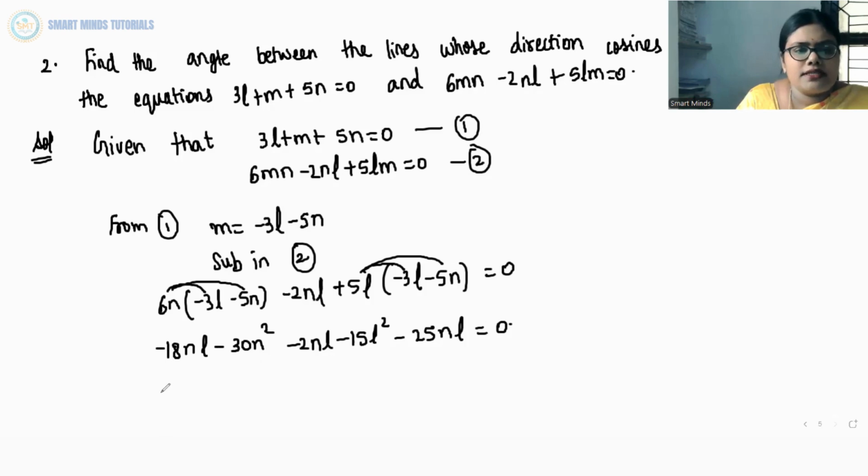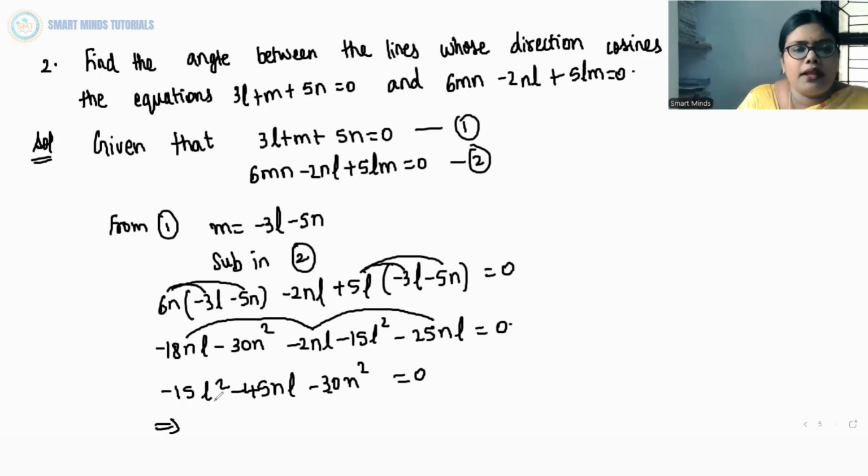So first let us write minus 15L square. Then I will add these three NL coefficients, because all three are NL and all are negative. So let us add and keep the minus sign. 18 plus 2 is 20, 20 plus 25 is 45. So minus 45NL minus 30N square is equal to 0.